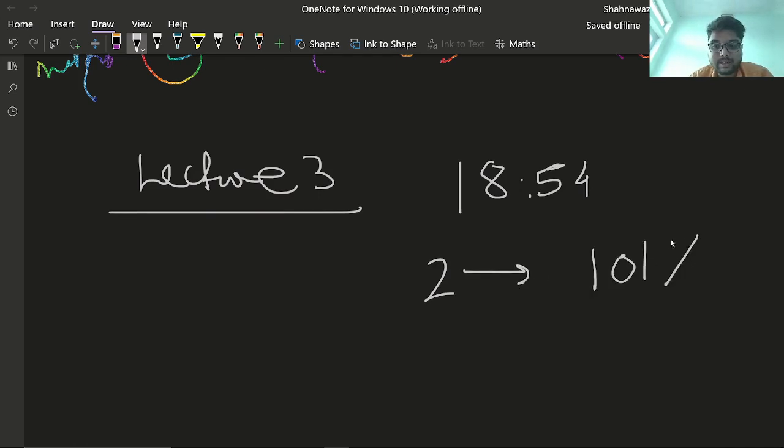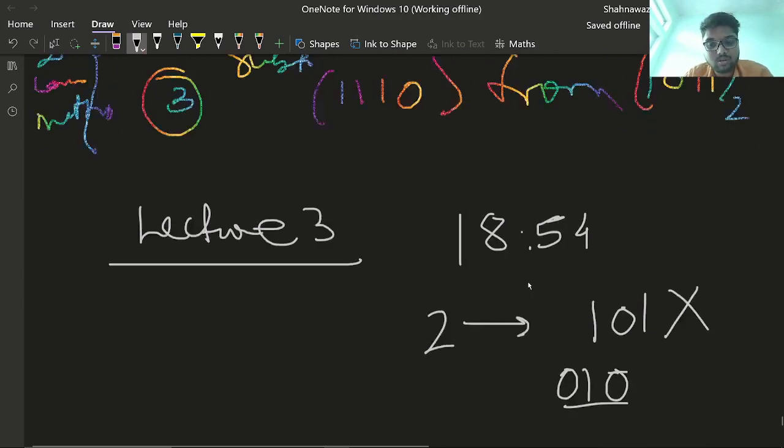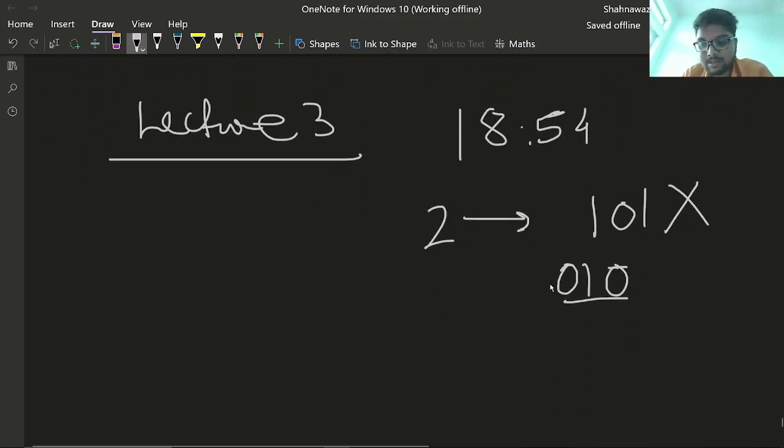Please correct it. It is not 101, it is 010. Thanks to the person who told me. Please correct it in your answer sheets or wherever you have solved the question.